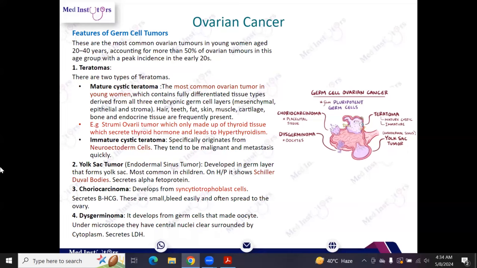If in the clinical scenario they have given you the clinical features of hyperthyroidism, along with positive findings on the pelvic ultrasound, then go and choose a struma ovarii tumor, because that's the only tumor which is related with hyperthyroidism. Am I clear now? Yes, it's a type of teratoma, or in a broader picture, it's a type of germ cell tumor.